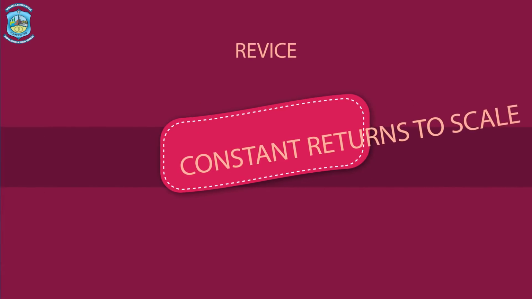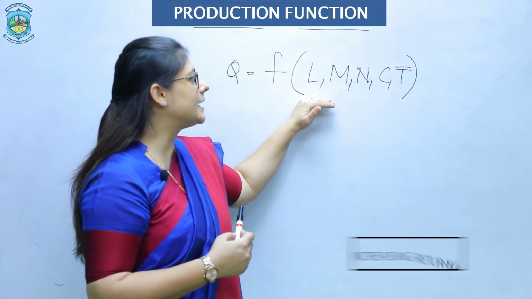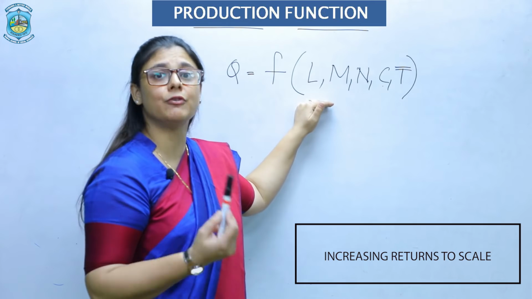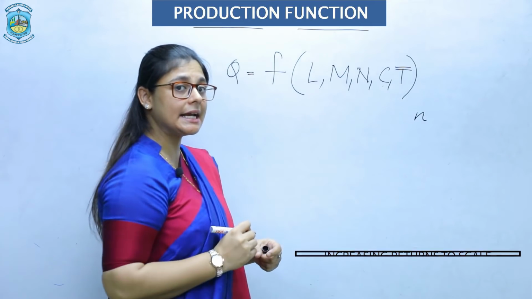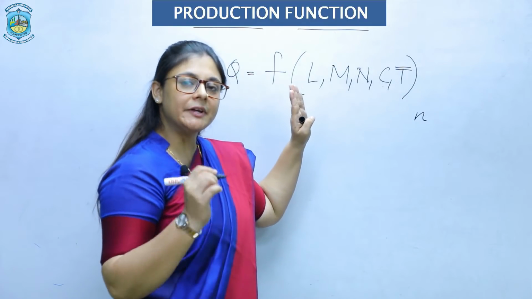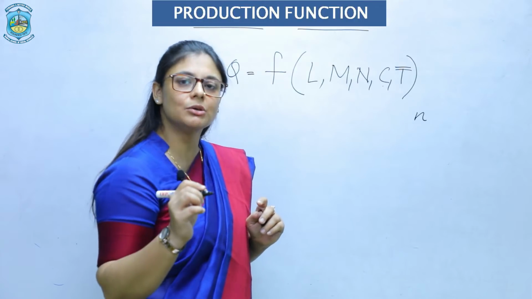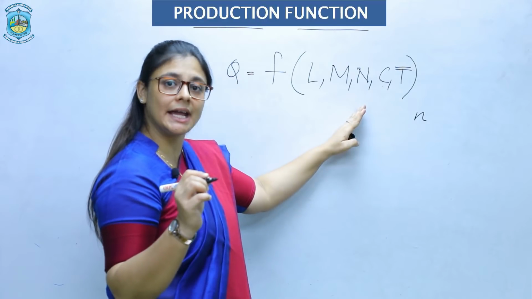So let's revise the constant return to scale with the help of our production function. Let's say we are increasing all these inputs by n folds, where n is a constant. With the help of the constant return to scale concept, we can conclude that your output is also going to increase by n fold.